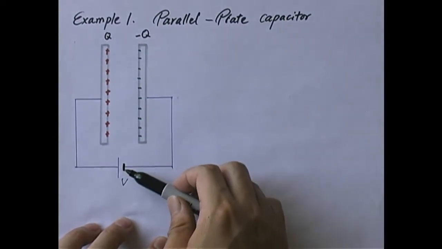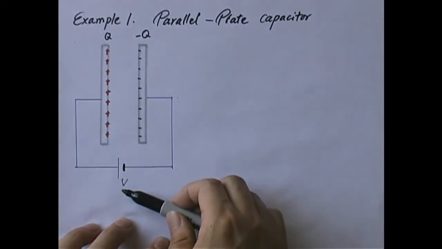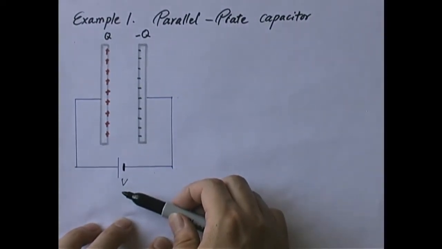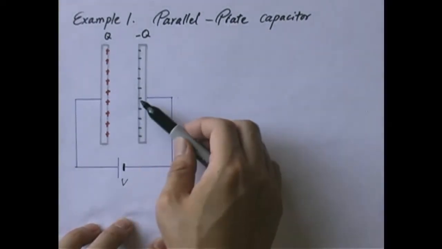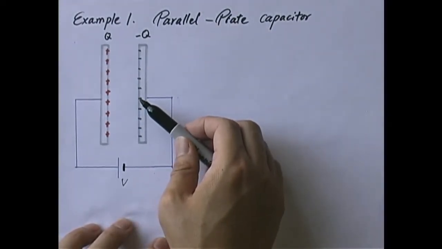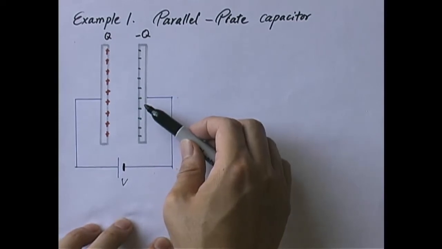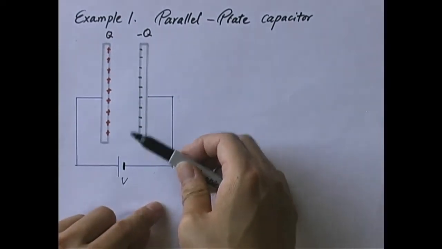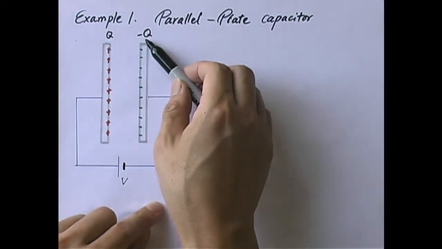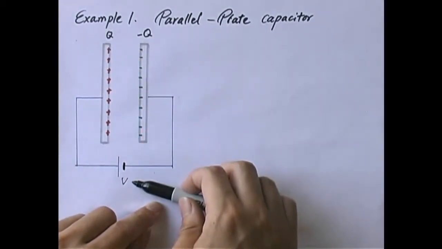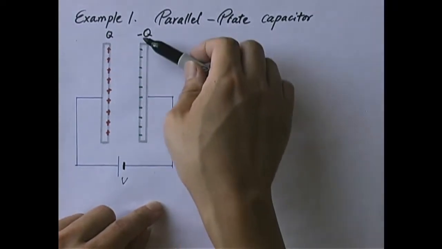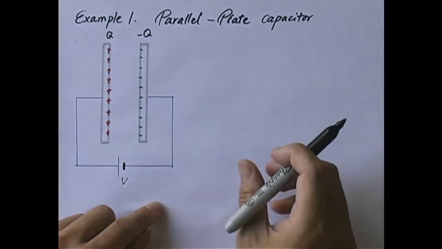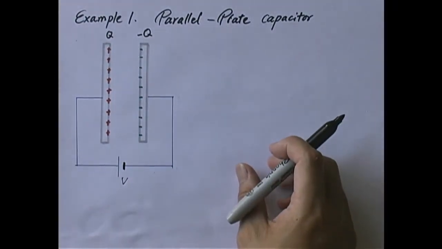So if the positive and negative terminals differ by voltage difference V, then the same voltage difference will apply between these two plates. So we know clearly that the voltage difference between these two plates is now V. But as a result, they will have a Q and negative Q here. If we can calculate Q as something proportional to V, then we can take Q over V and we find its capacitance. So let's see how we can do that.